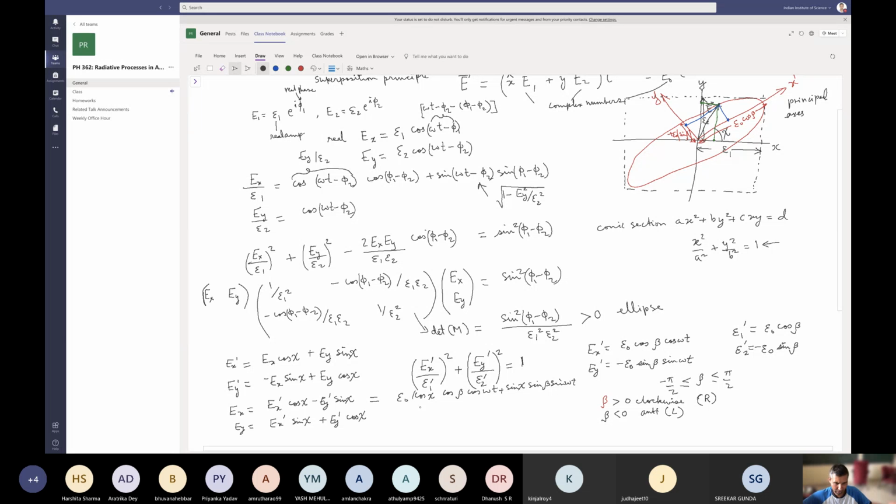Okay, so this is the first equation, and similarly the Ey can be written as epsilon naught sine chi cos beta cos omega t minus cos chi sine beta sine omega t. These are just the relations that I'm writing down. Okay, so this is my Ex and Ey in terms of epsilon naught, beta and chi.